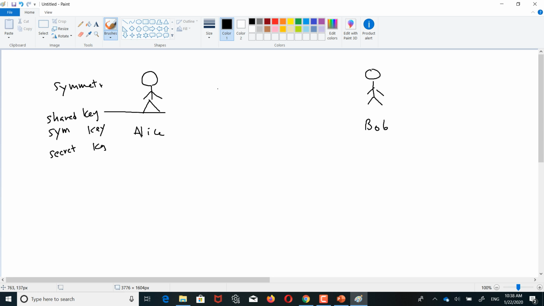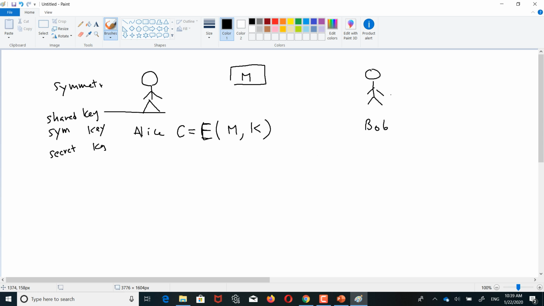If Alice wants to send this plaintext message, Alice uses the shared key to encrypt this message and then sends it to Bob. So Alice creates a ciphertext using the encryption algorithm E, encrypting the message with the shared key.